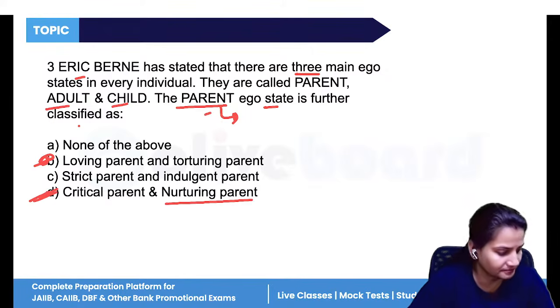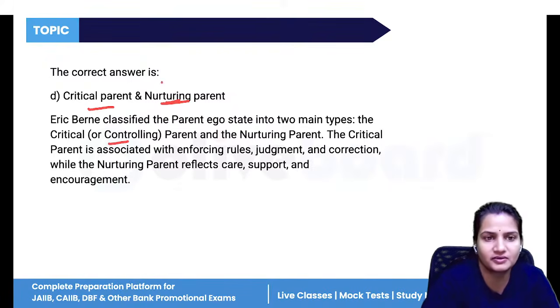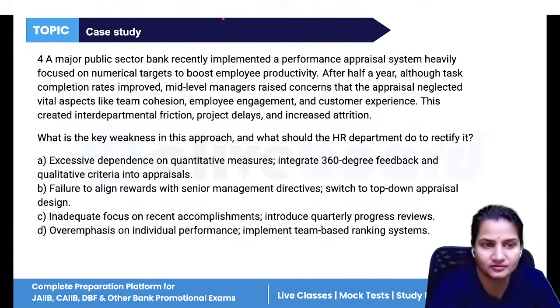So option D. Yes, the correct answer is critical and nurturing. Critical means you are controlling, and nurturing means your attitude and behavior towards another person is very calm and composed.